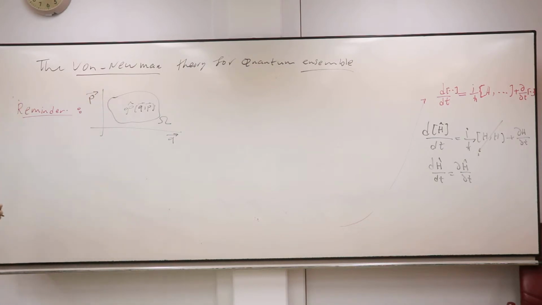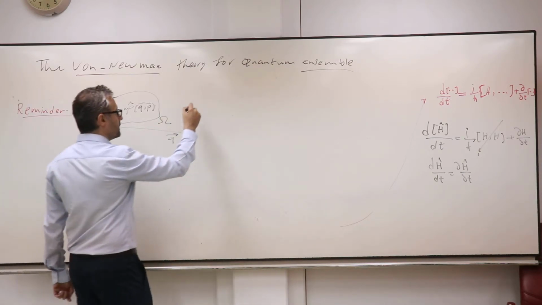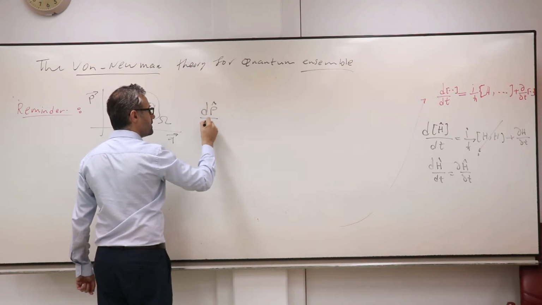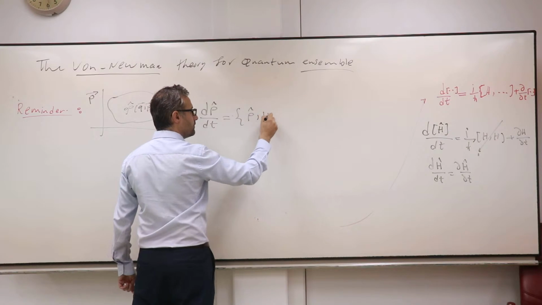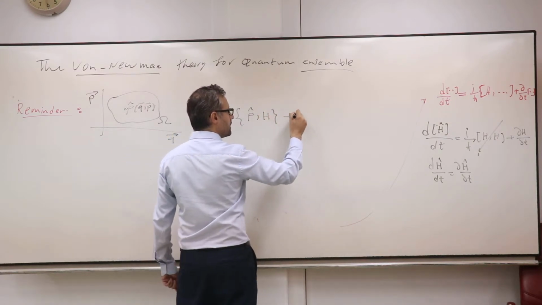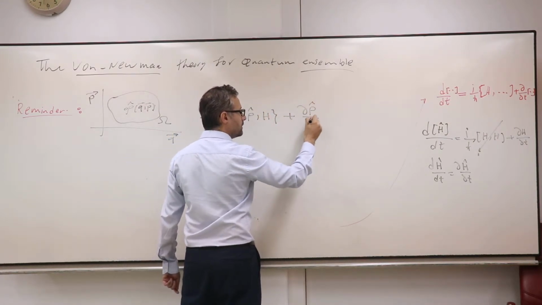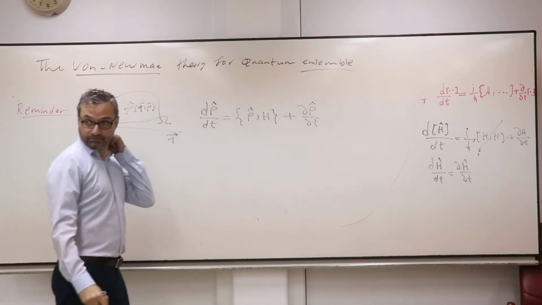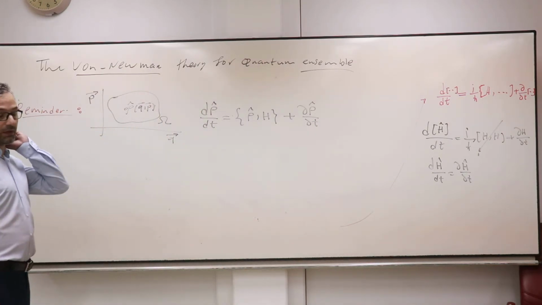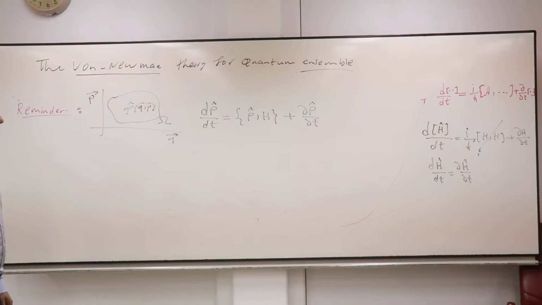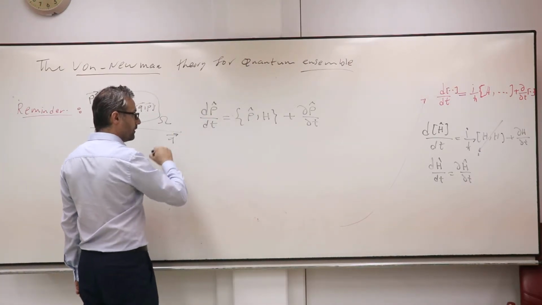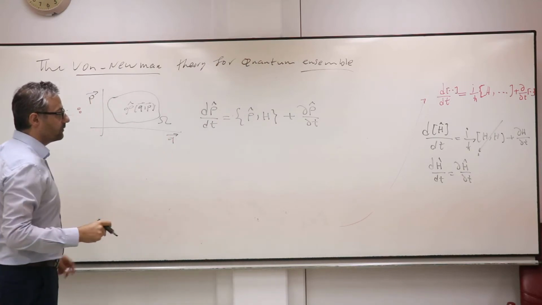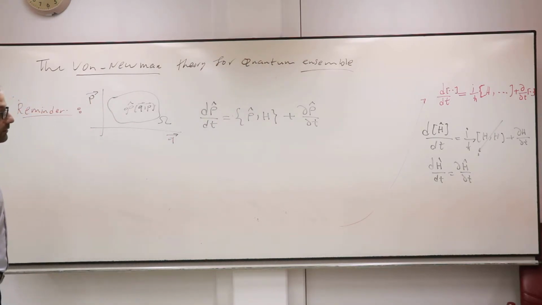You remember the equation for the evolution of this? d rho/dt was the Poisson bracket of rho and H plus partial rho over partial t. Yes? The Liouville theorem. We proved that by considering the time derivative of any function of rho and using the Hamilton equations.